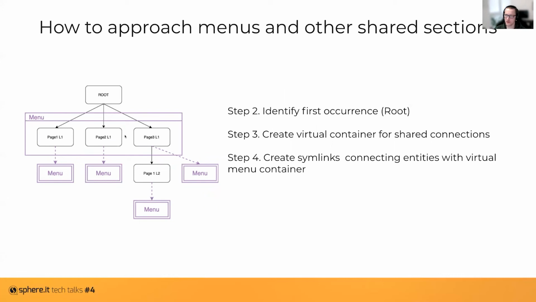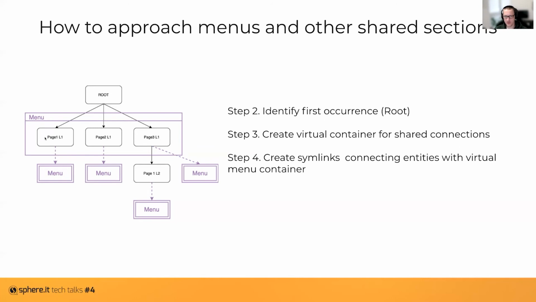Now we can create a virtual container for the short connections. I've called the container many. The container includes page 1 level 1, page 2 level 1, and page 3 level 1. And instead of drawing direct connections to all of the items, now we can draw connections to the virtual element that you can see on the left side.